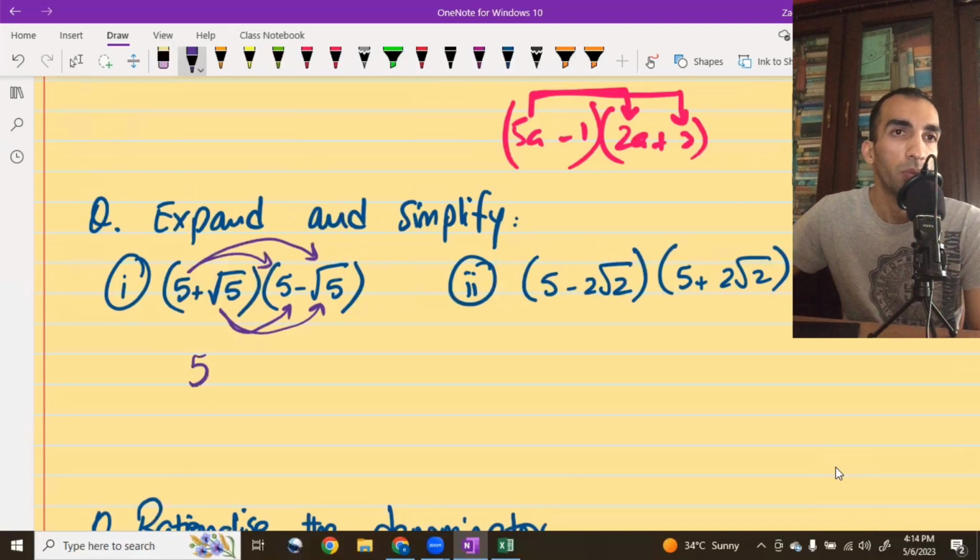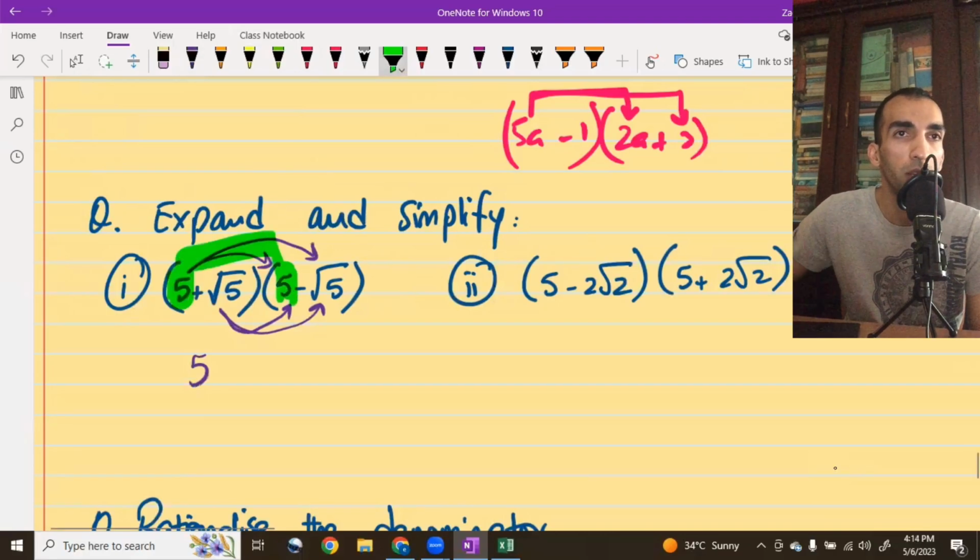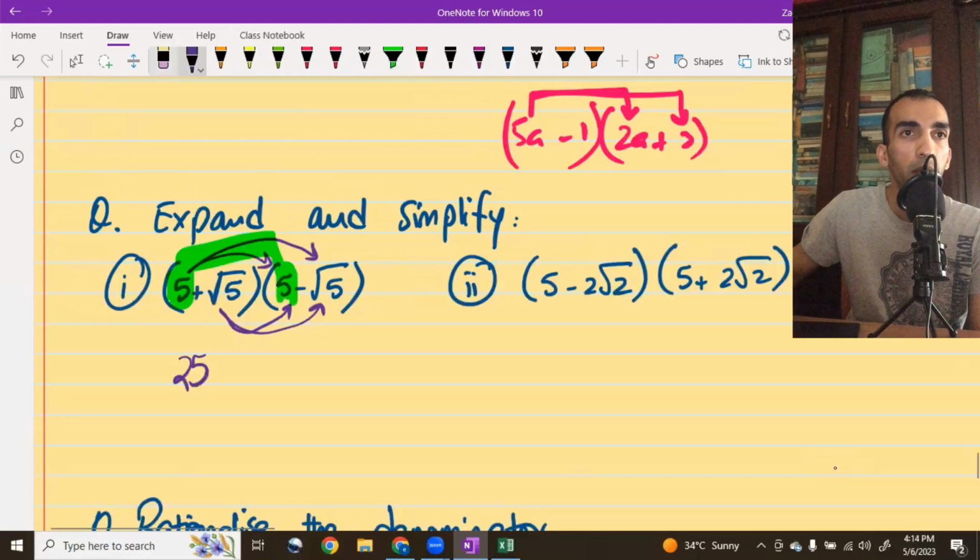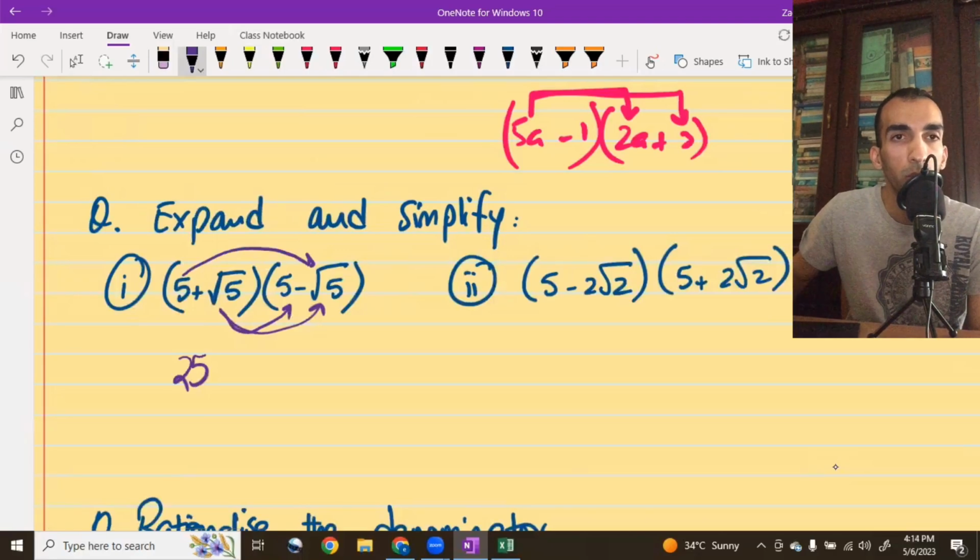The first term that you just multiplied, 5 with 5, we're supposed to write that answer first, and then move on to the second part. The second part says you multiply the same number with the second term of the second bracket.